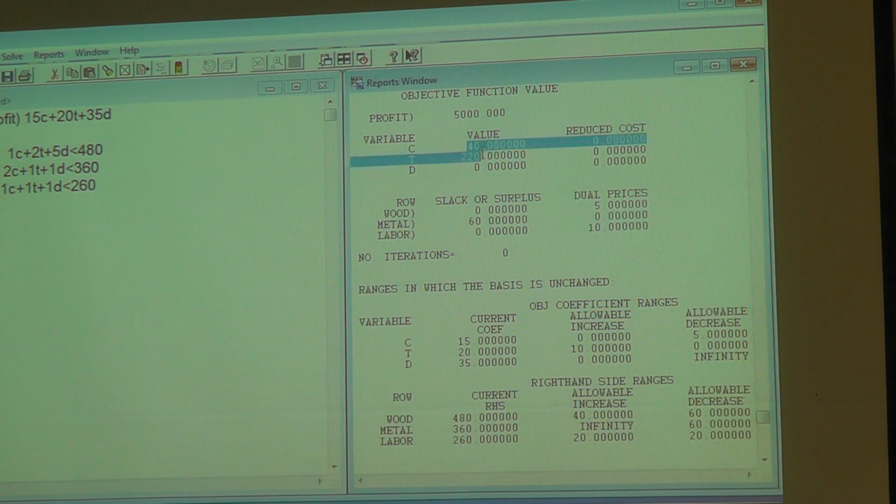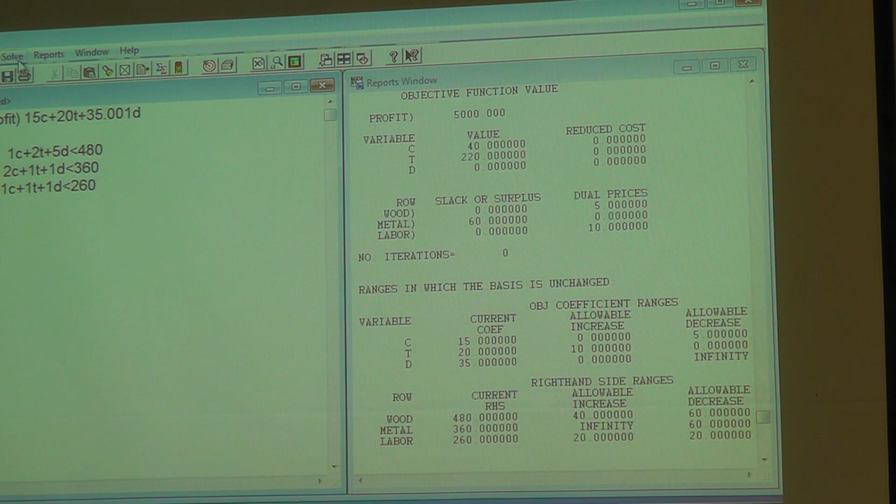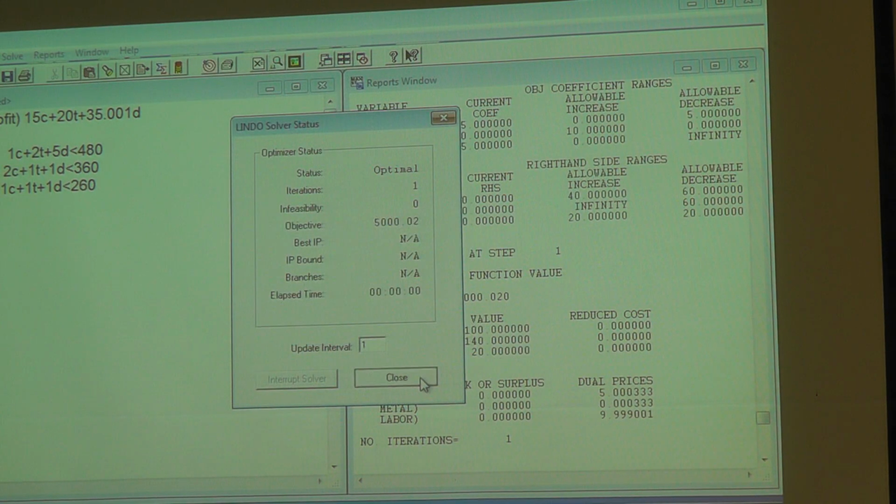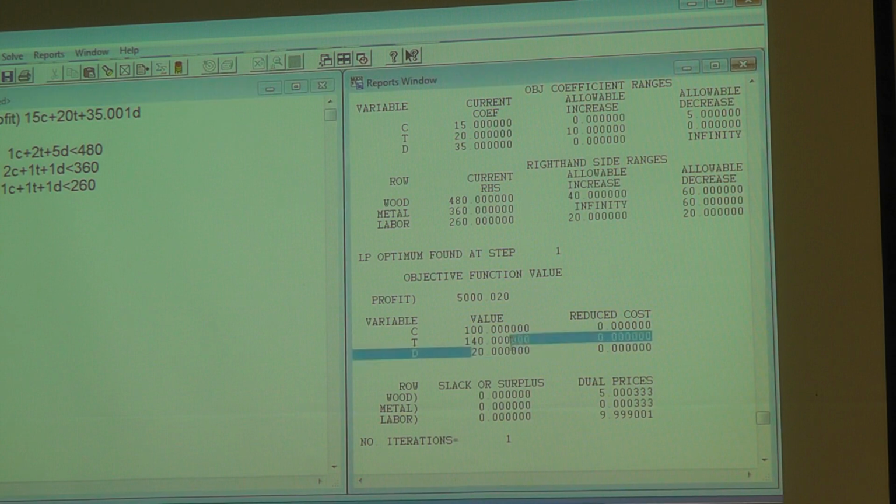Okay, so it produced the same production mix and it still doesn't want to produce any doors. But if you increase this coefficient ever so slightly, you would expect some doors to be produced.